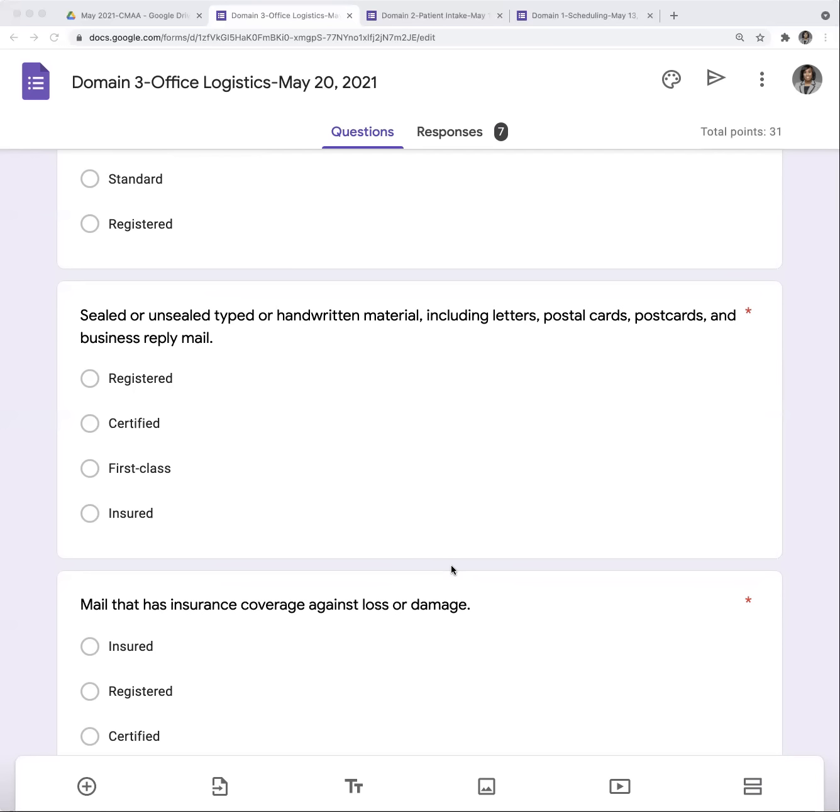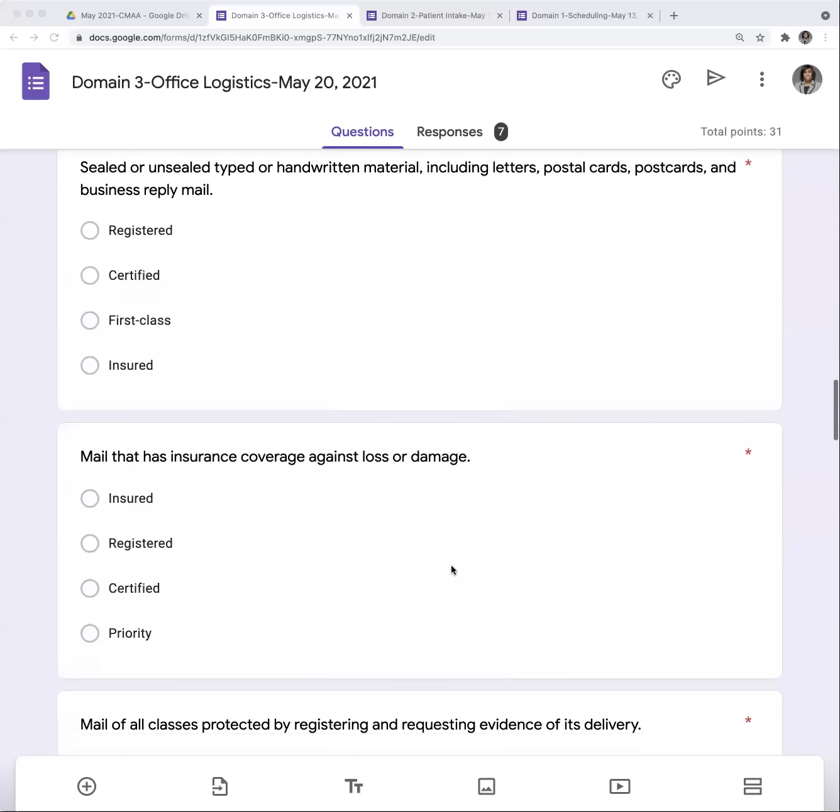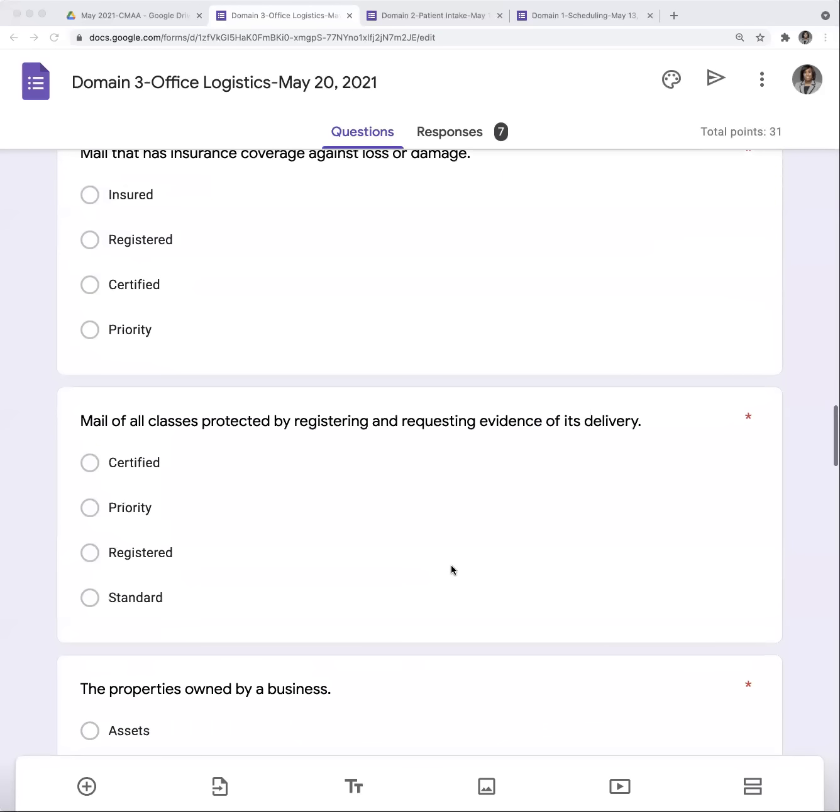First class. Mail that has insurance against loss or damage. Insured. Mail of all classes protected by registering and requesting evidence of its delivery. Registered.